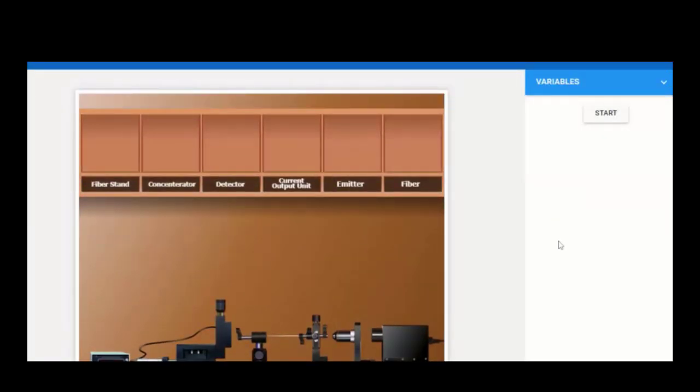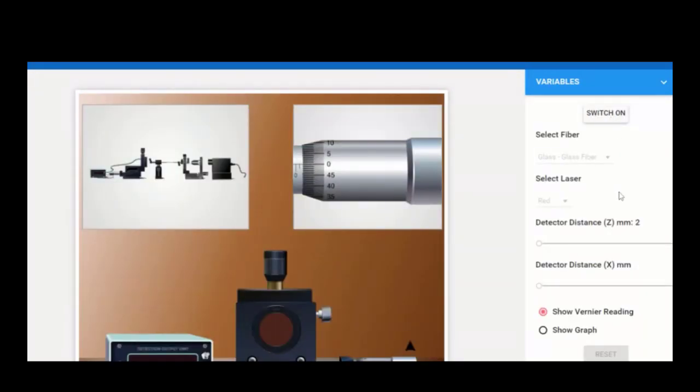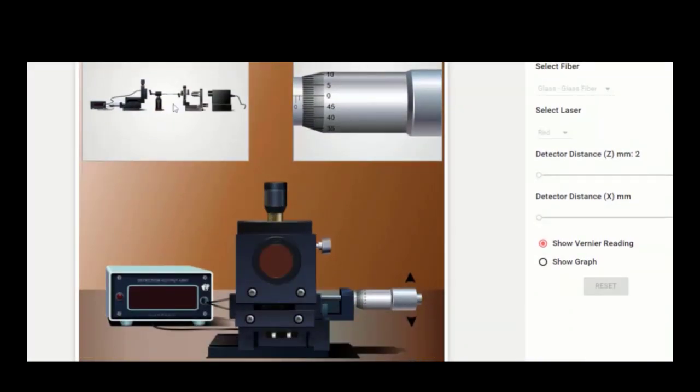When you have placed all these operators on the breadboard, you click on the start button. Then you can see the first picture shows the arrangement you have made for this experiment, and then the screw gauge that we are using, which we have attached to the detector.